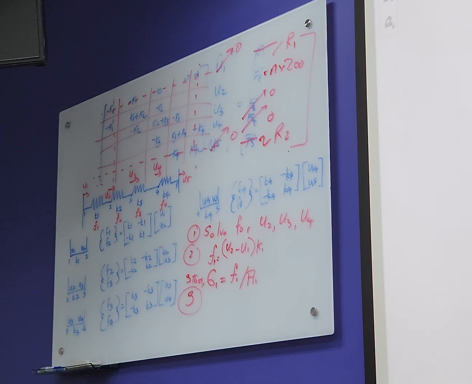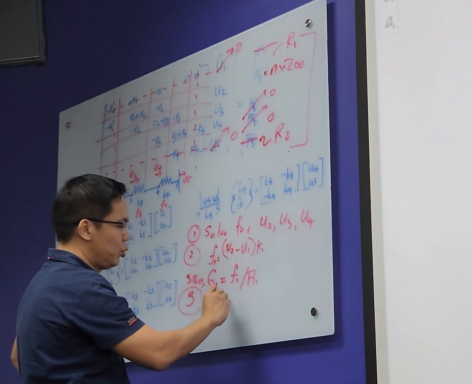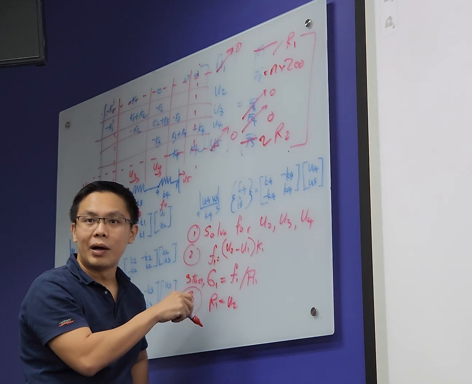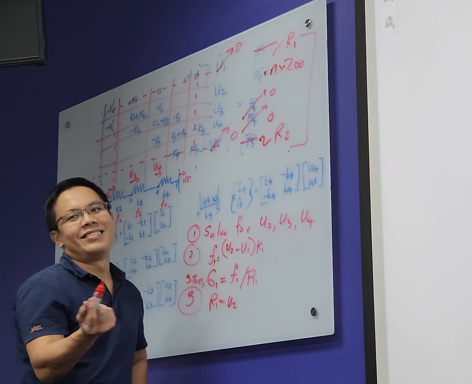So it's R1 equals K1 times U1 minus U2. Correct? Okay, so your R1 equals what? U2. Do we need to minus U1? Yes. No. Why? Zero.